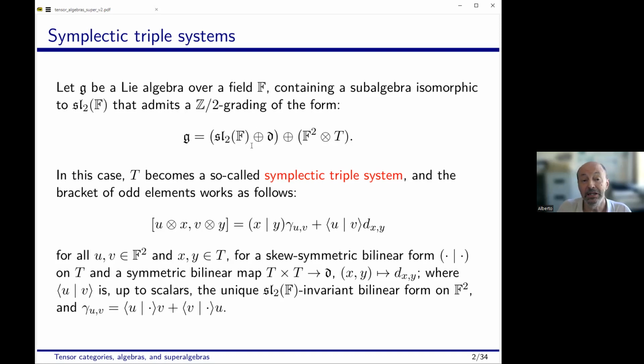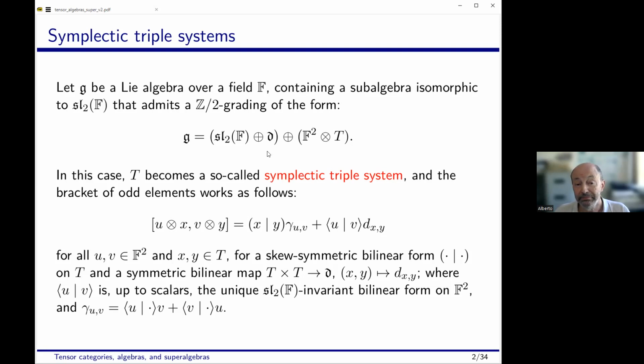And since the bracket is invariant under the action of SL2, one has to take into account the SL2 invariant maps from the two-dimensional natural module tensor with itself into SL2 and into the trivial module. So one has a precise description of the bracket in terms of a skew-symmetric bilinear form defined on this vector space T, and a symmetric bilinear map from T cross T into the centralizer D.